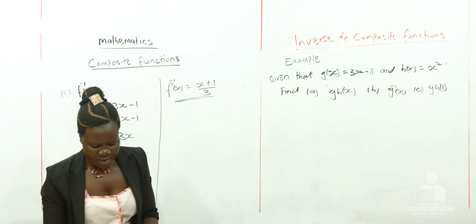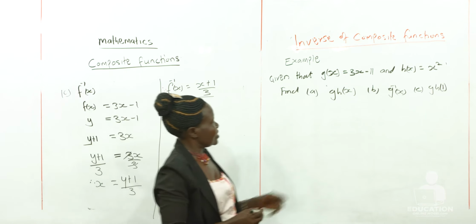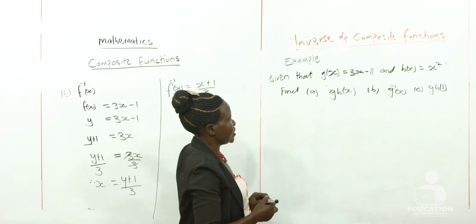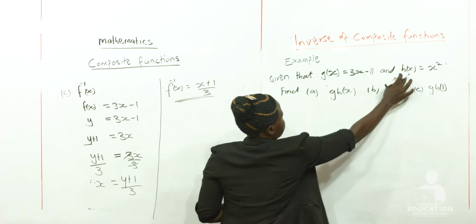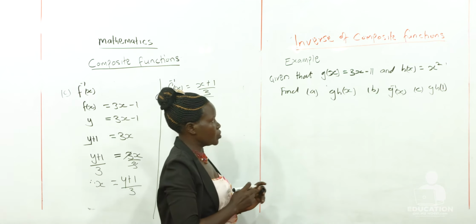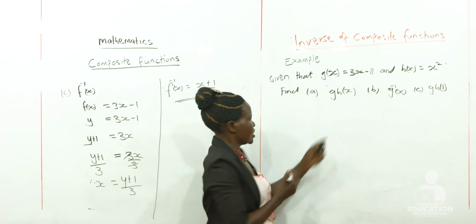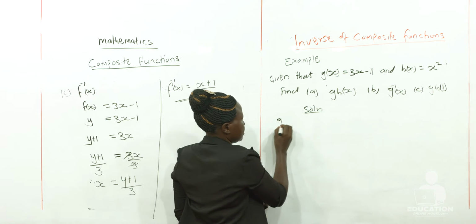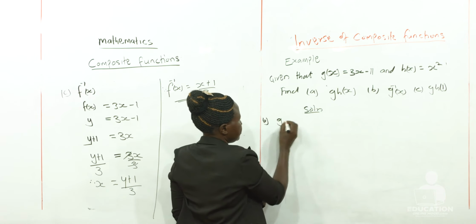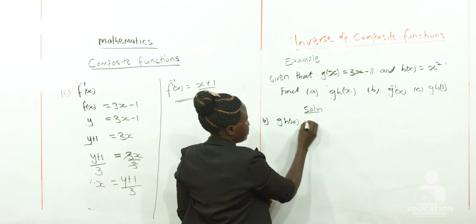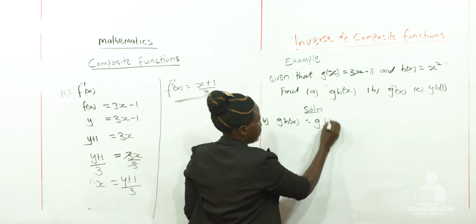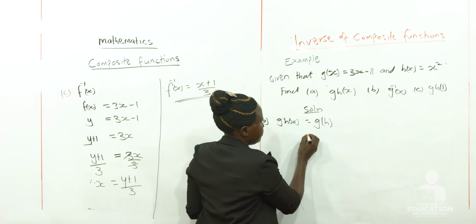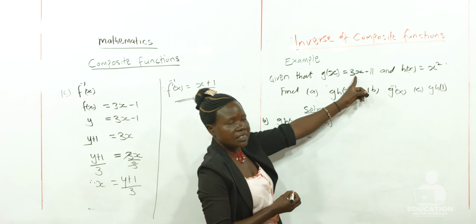So learners, if we are asked to get the values of this, or to evaluate this, you will simply know that if there are more than one function, it is a composite function. And now what should I do? The order matters here. For the solution of part A, which is gh of x, it is g outside and h inside. So we substitute the value of g. We come and look at the function g.